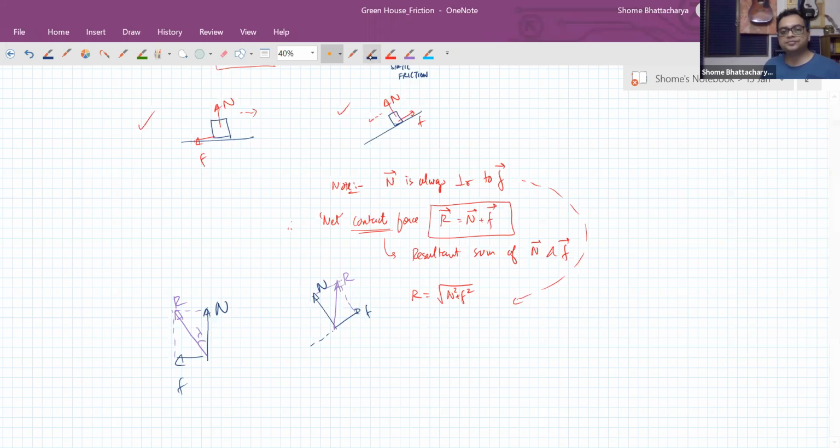So you can see that in this diagram or whichever one, the magnitude of the resultant is root of N square plus f square, and tan lambda is f by N. This is the more important one.